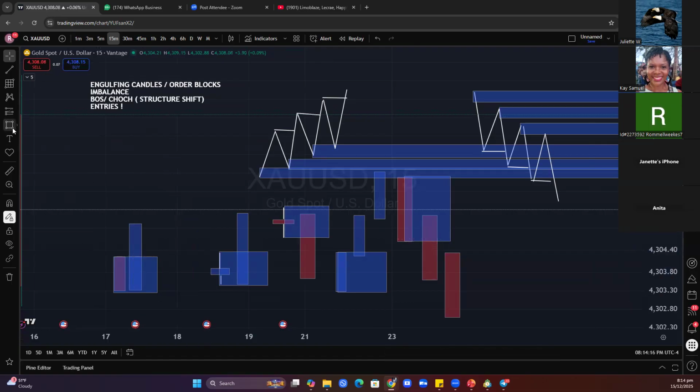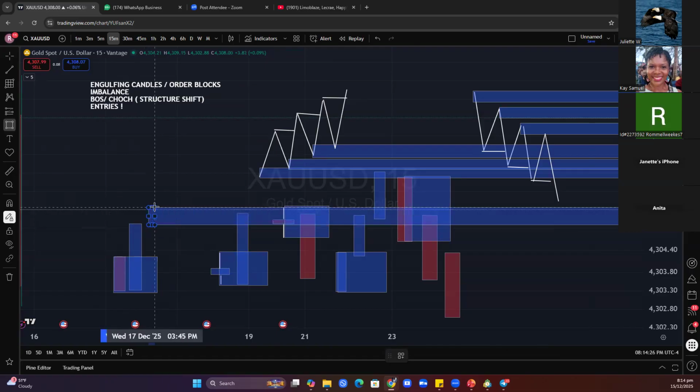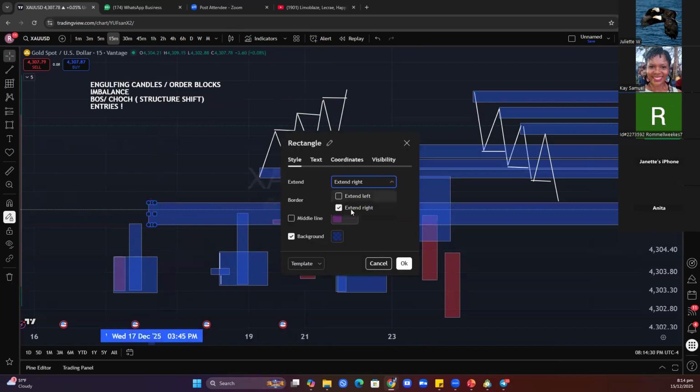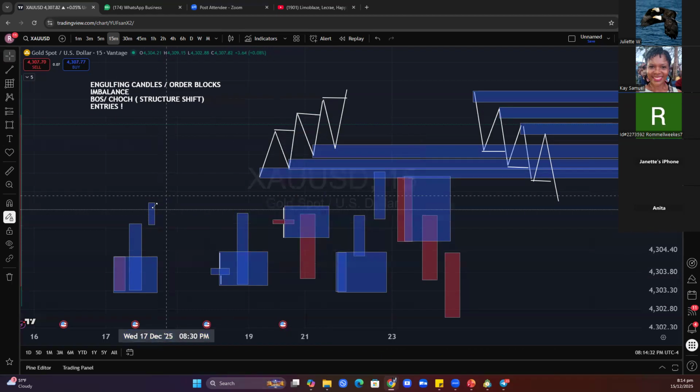So what you're looking for ultimately, listen, is this: after that engulfing candle, you want to see imbalance created. We are looking for price to print, for example, another bullish candle.